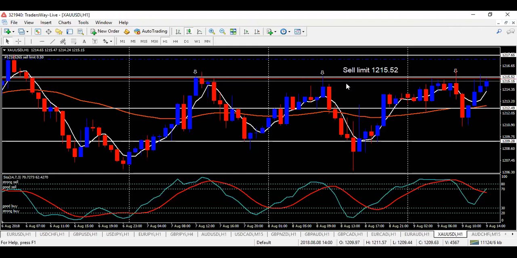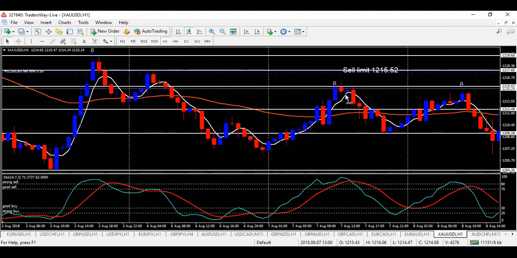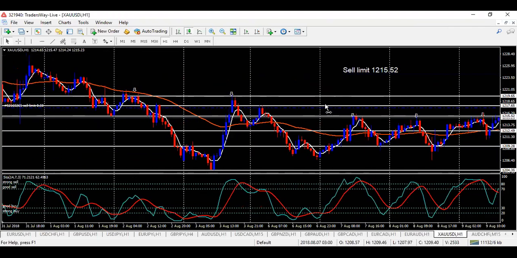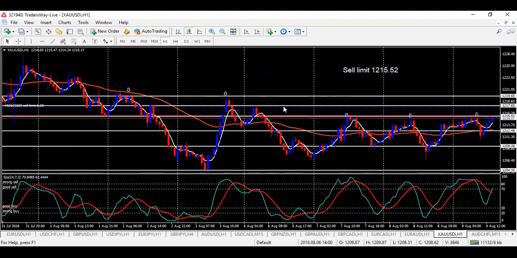Once you get that, you place your sell limit. That's all you're doing. So gold right now is at a third teacup at 1215.52. Me personally, I'm not taking that. You can, but I'm not taking that.